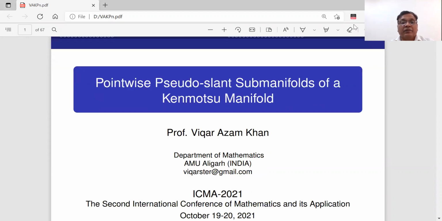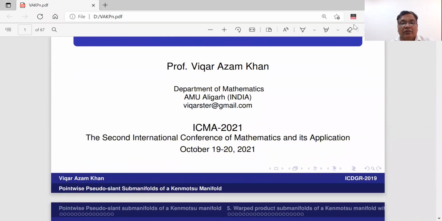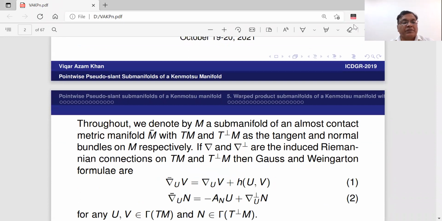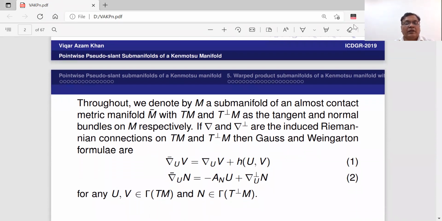I hope everybody knows about these Kenmotsu manifolds. I will recollect these structures. Whenever we have a submanifold embedded into an ambient space, the connection on the ambient space induces a connection on the submanifold.